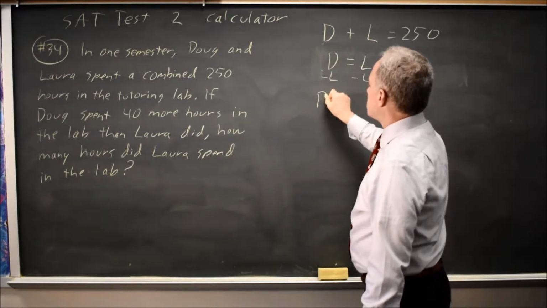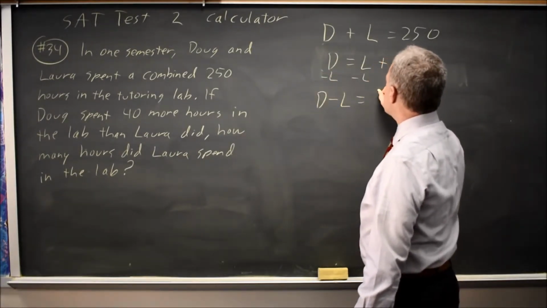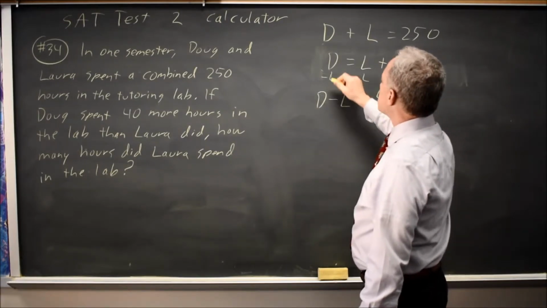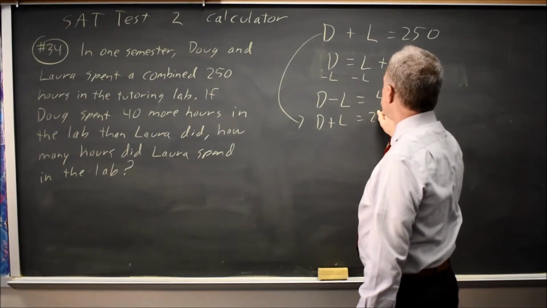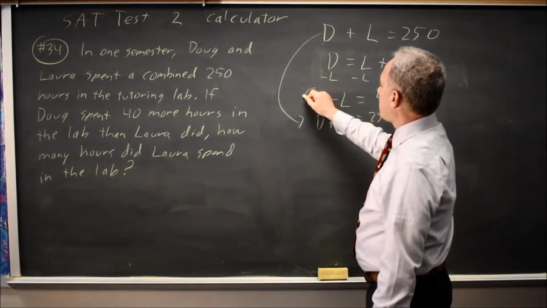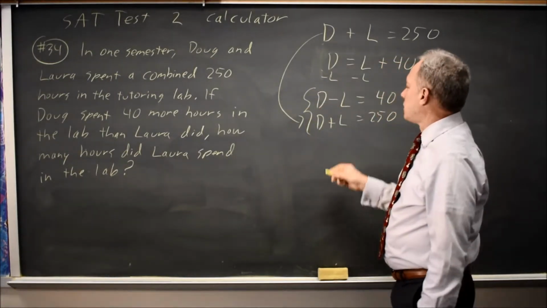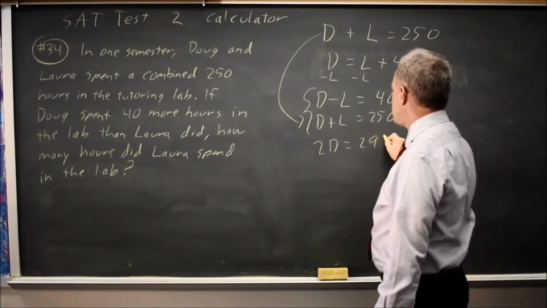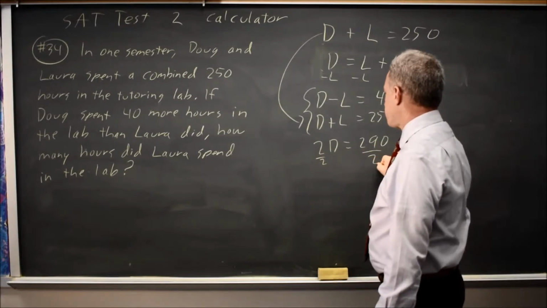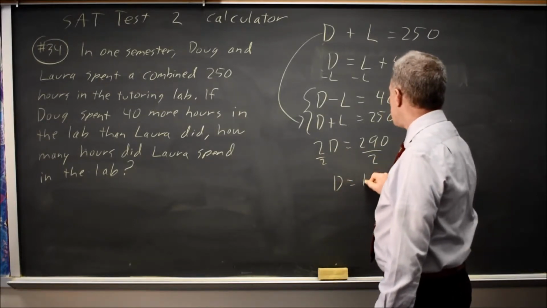Doug minus Laura is D minus L equals 40, the only thing left on the right. Bring this equation down. D plus L equals 250. If I add these two equations, I'll get 2D equals 250 plus 40 is 290. Divide by 2. D equals 145.